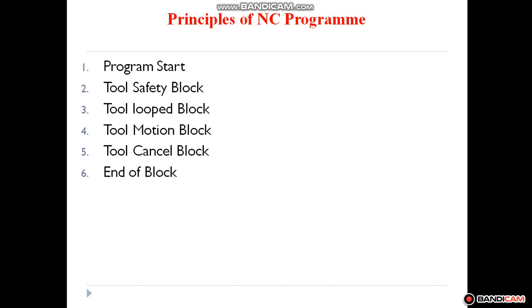Next, there is the tool motion block. In a CNC program, it is assumed that the tool is moving from one point to another. Actually, the drives are moving, but we consider that the tool is moving from one point to another. When you have to move the tool, you have to define the coordinates of that workpiece.